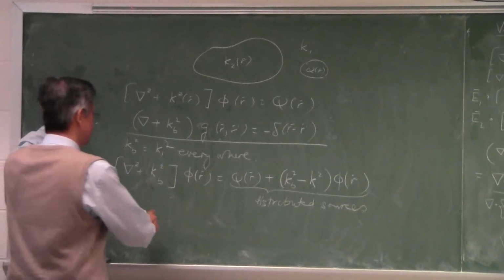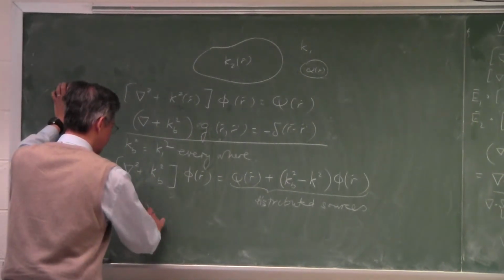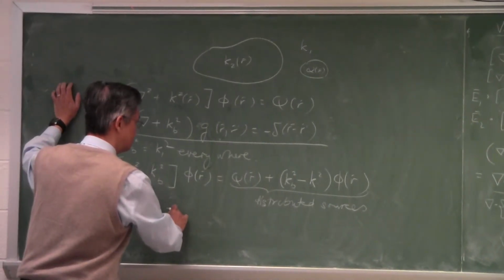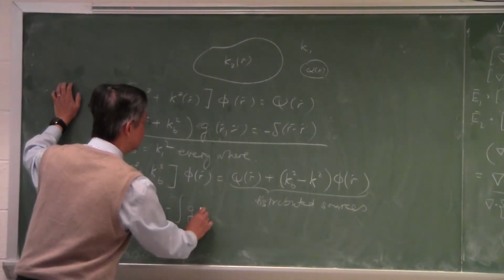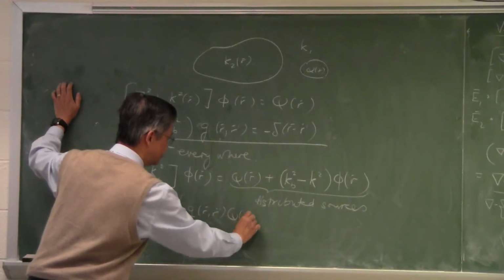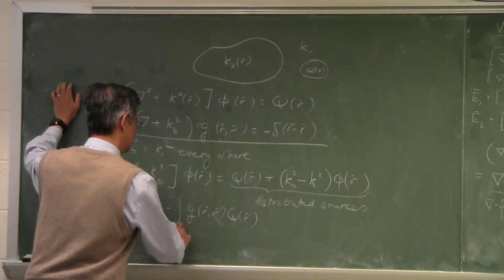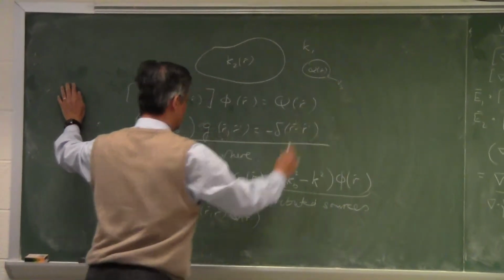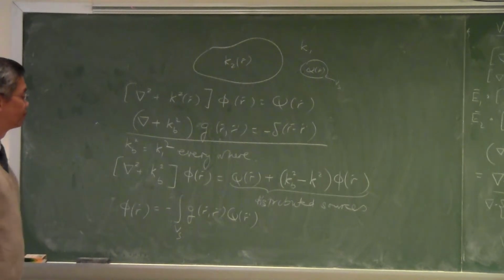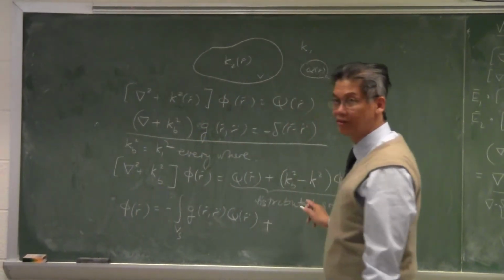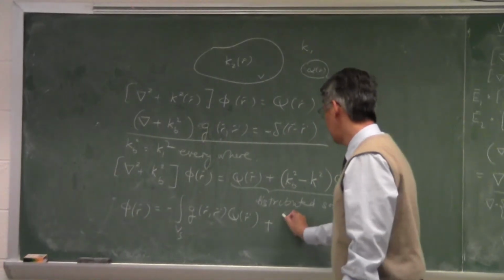So I can use the principle of linear superposition and write that phi of r must be equal to minus g of r, r prime convolved with q of r prime, over the volume of the source. If we call this V source, there's the first term. And then the second term is only non-zero on the scatterer.